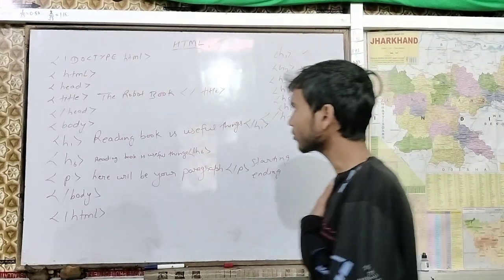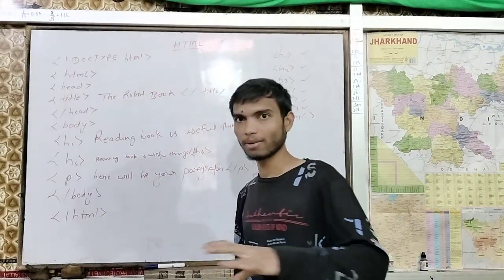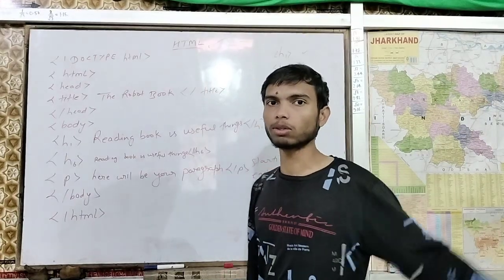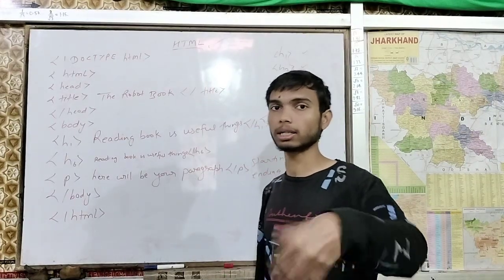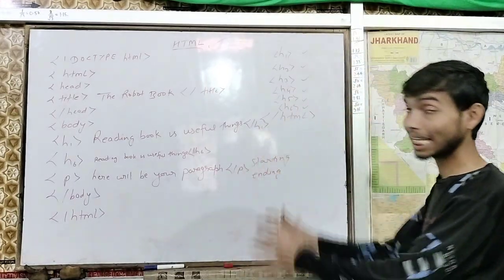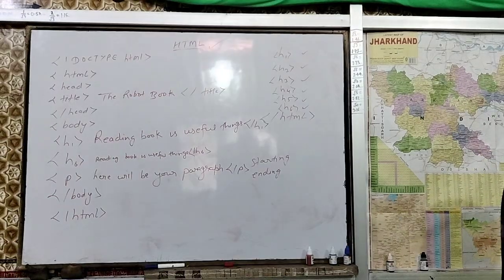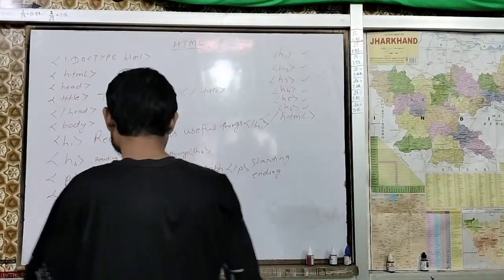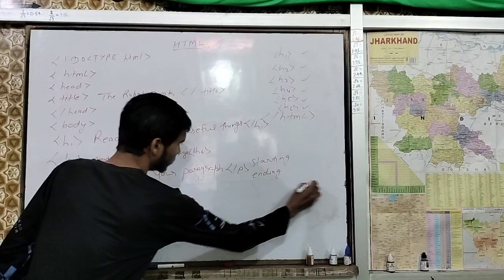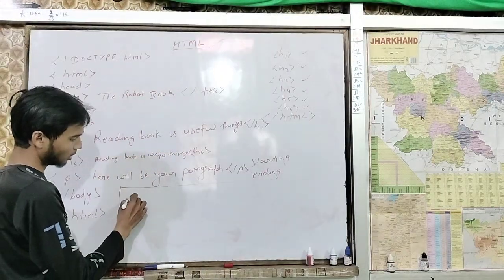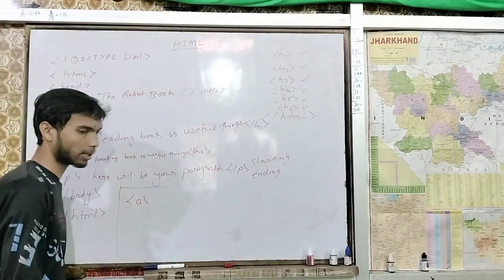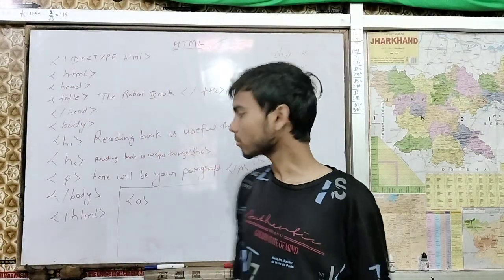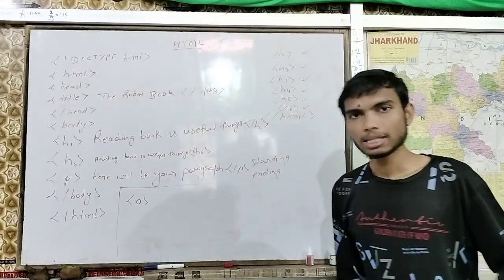Now, one by one, we will see all those tags that are important to understand in HTML. Now here, this A is also a tag.